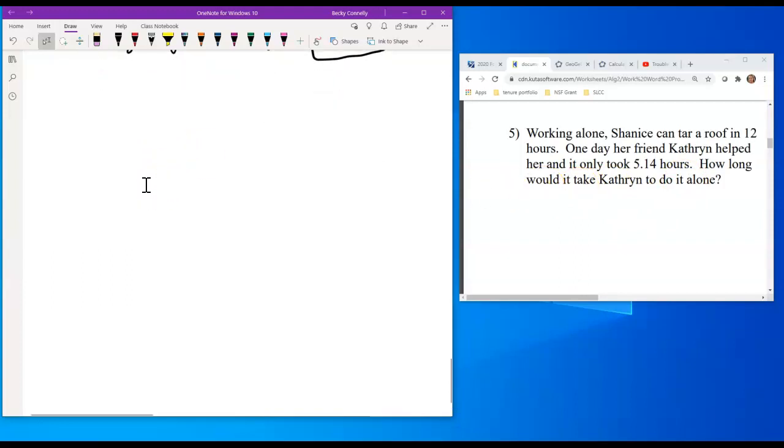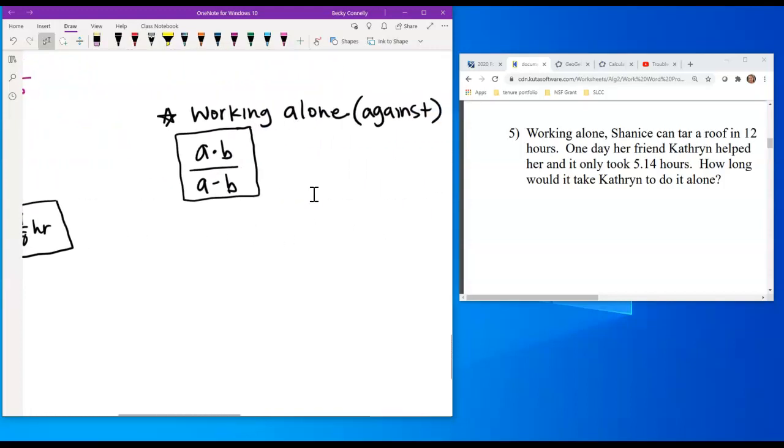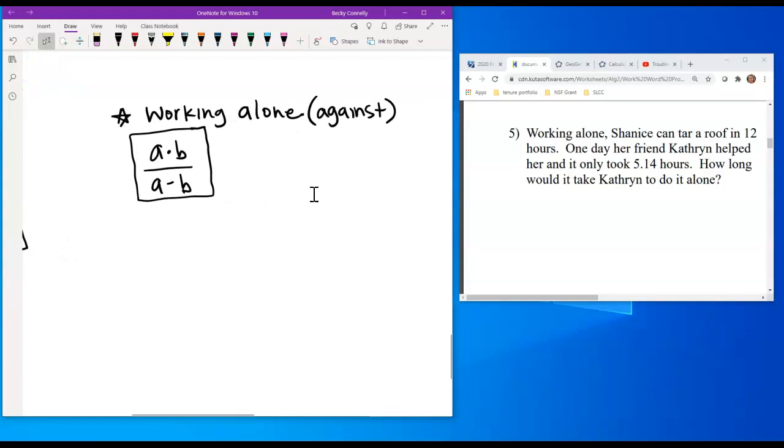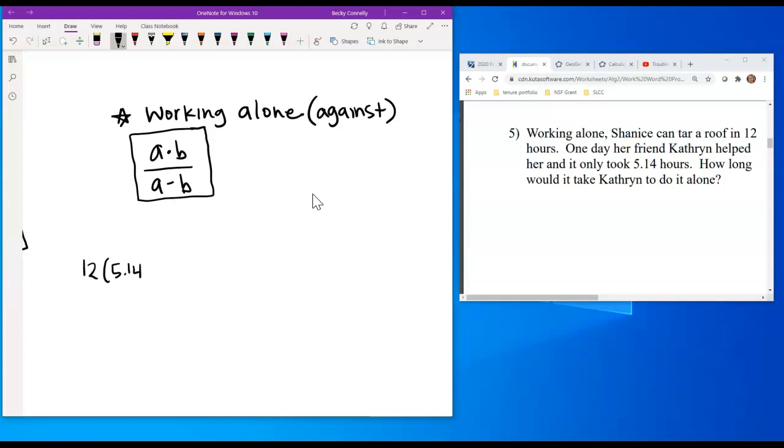So let's look at this one. Like I said, the key thing you're looking for is how long it's going to take one person to do this. That means we're going to be using the working alone one. So we take the 12 times the 5.14 on the top, and on the bottom we divide by 12 minus 5.14.